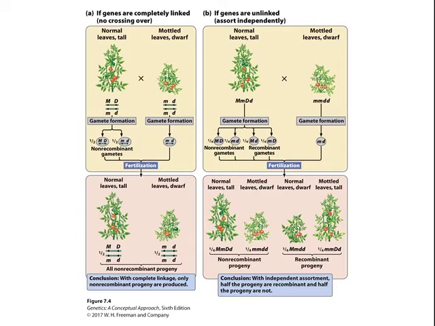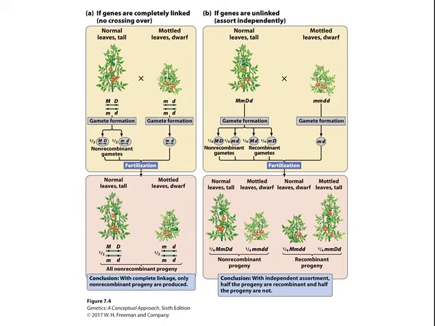The progeny with new combinations of traits formed from recombinant gametes are the recombinant progeny. So these progeny are formed from recombinant gametes with novel combinations of traits, and the recombinant gamete is the one that possesses the novel combination of traits.